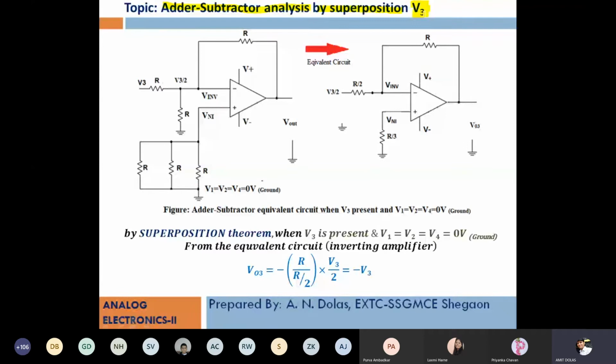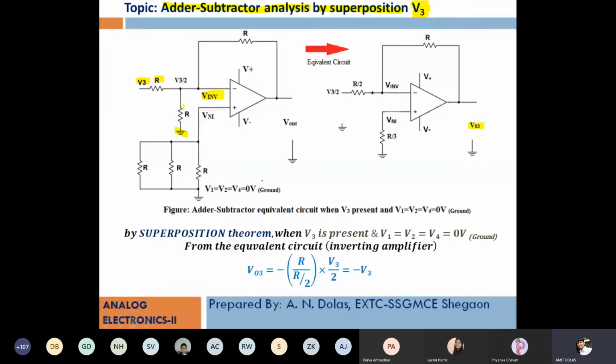So in the previous figure, I kept V3 active. V3 is connected to the inverting terminal through resistance R, and what happened to V4? V4 is grounded, which is here. So the other R present in the network will be connected to the ground and this inverting terminal.